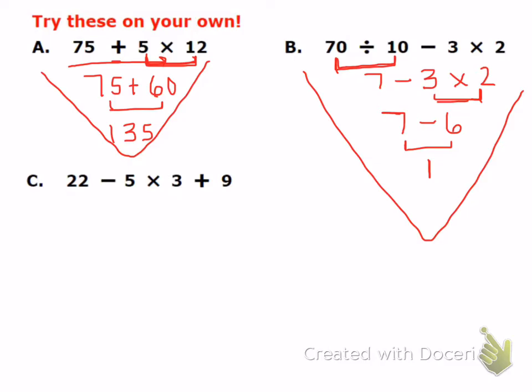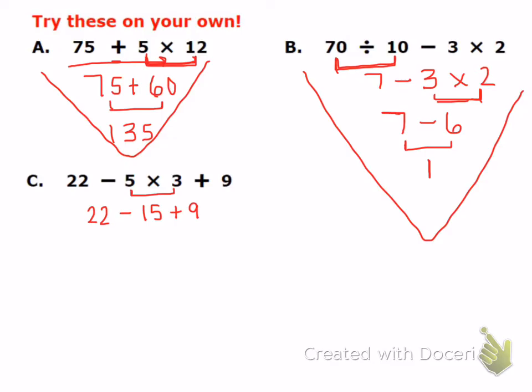All right, let's check out C. So when we look at C, there's no parentheses. There's no exponents. We look for multiplication and division, and I see that I have 5 times 3 I need to solve. So 5 times 3 is 15. I'm going to write the rest of the problem, and then look at what I have. I again look for any multiplication and division. I don't have any more, so now I'm going to do addition and subtraction.